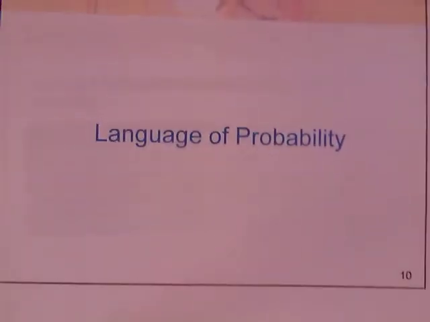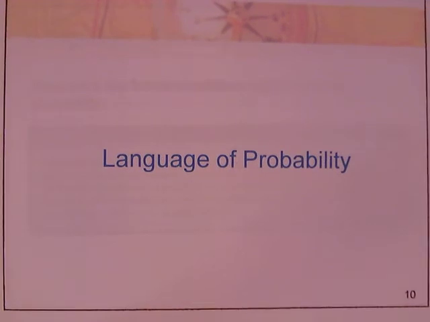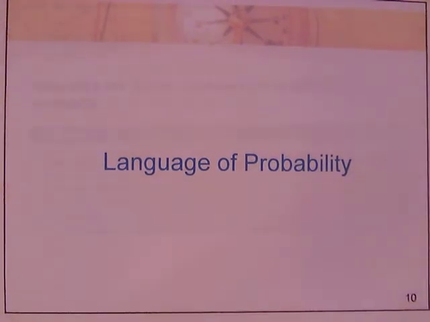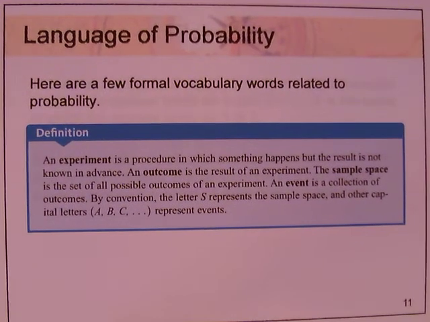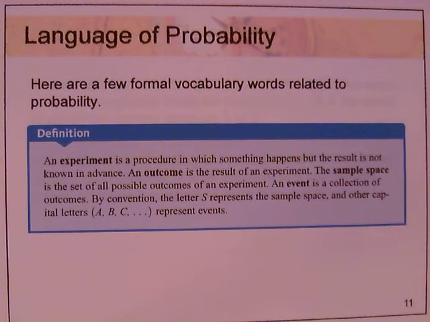Alright, next we're going to look at the language of probability. Here are a few formal vocabulary words related to probability. An experiment is a procedure in which something happens, but the result is not known in advance.